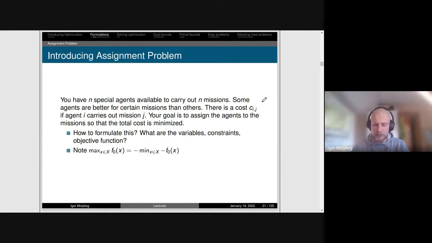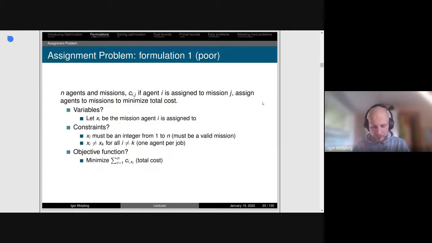Your goal is to assign the agents to the missions so that the total cost is minimized. How to formulate this? What are the variables, constraints, objective function? I think we have discussed this, so I will not stop on this any further. Let's jump straight to the formulation itself.